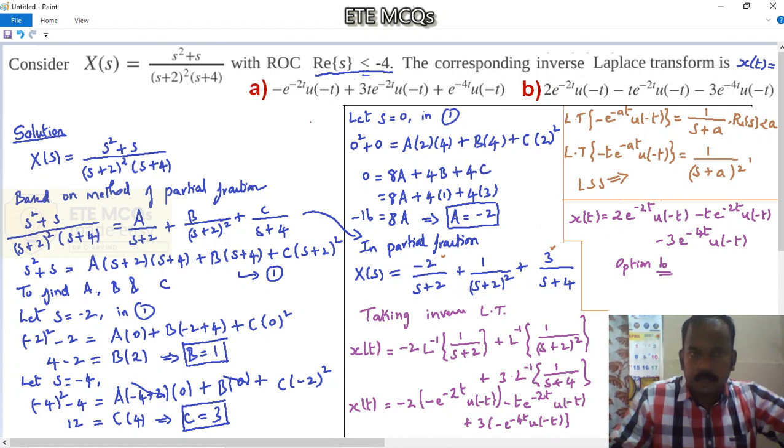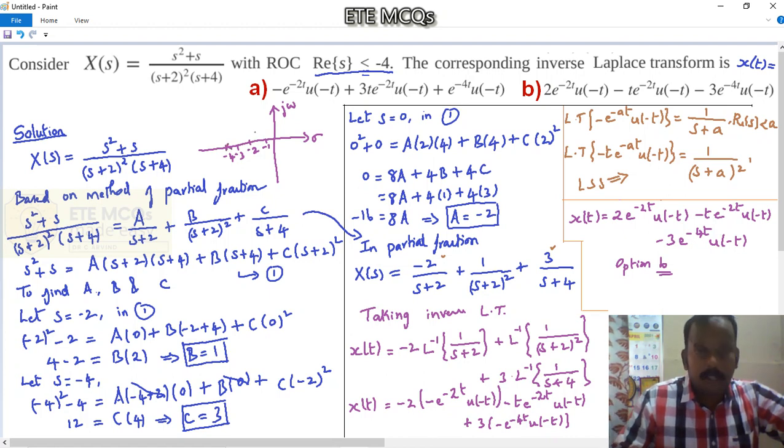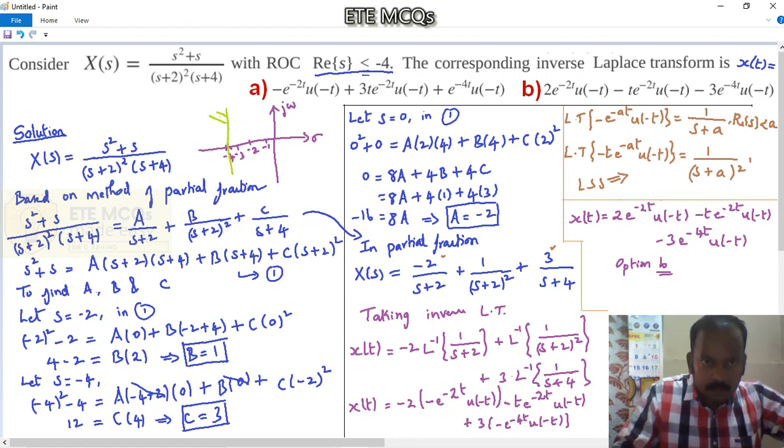In diagrammatic form, based on the ROC, I can finally say that in the sigma j omega plane, you have minus 1, minus 2, minus 3 and minus 4. The pole is at minus 4 and the ROC is on the left hand side of minus 4.